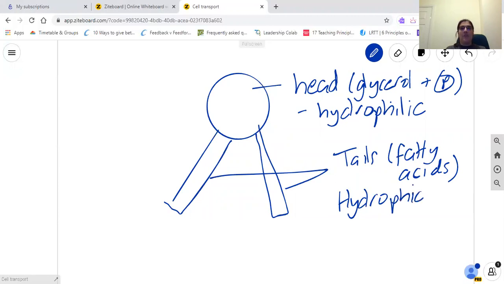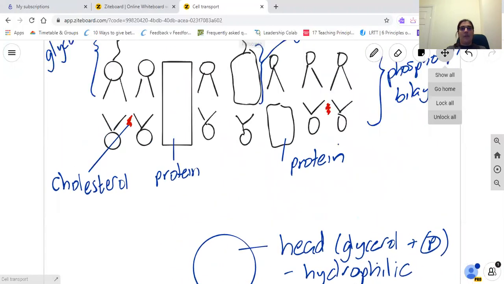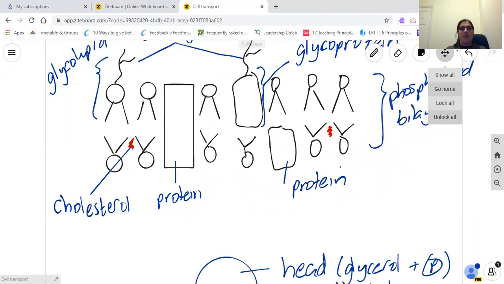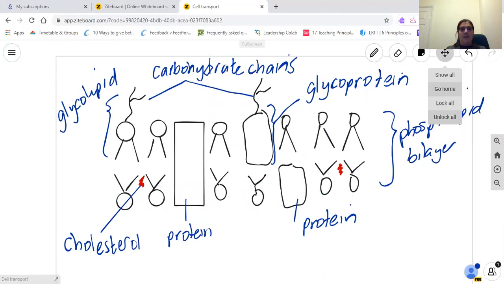Because of this, the membrane is a bilayer, because both the inside, the cytoplasm, and the outside are composed of water. So the heads, which like water, which can cope with the water, face the outside of the cell and the inside of the cell, whereas the tails are hidden in between.